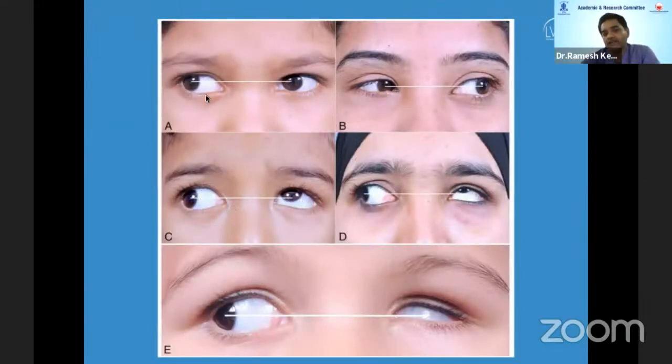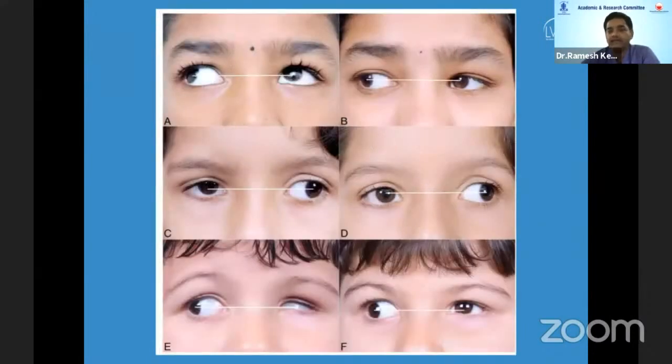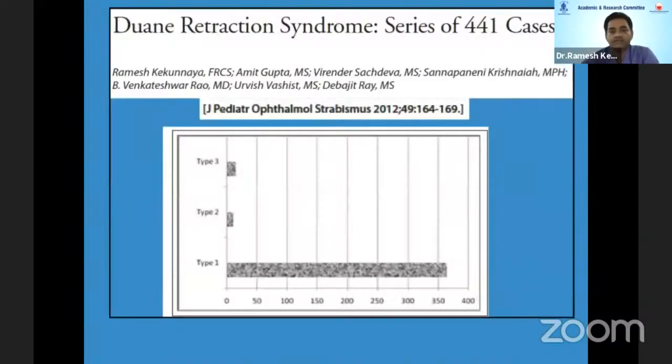We can pass a pupillary line through the center, and then based on how far off it is from the center of this line, we can grade this overshoot into 1, 2, 3, 4, and even 5. This way you can see the preoperative and postoperative improvement in the overshoot, because unless you have an estimate, you can't really measure the outcome of this surgery.